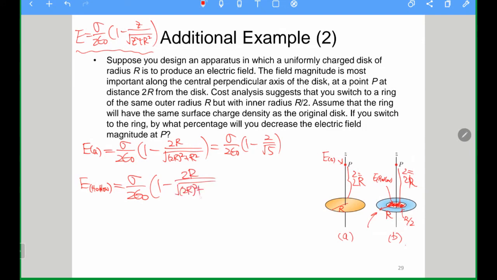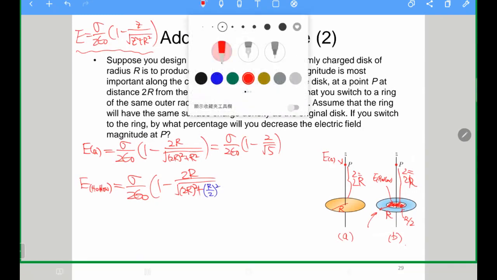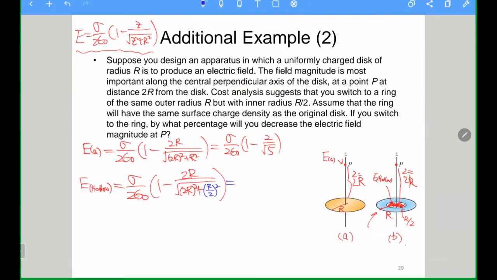But here, this is not R squared anymore, because for the hollow part, the radius is R over 2 rather than R. So this should be (R over 2) squared. So actually this will be sigma over 2 epsilon naught times 1 minus 4 over square root of 7.